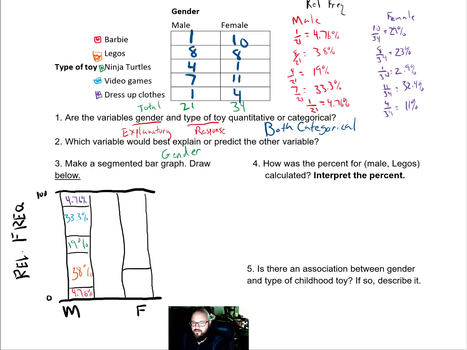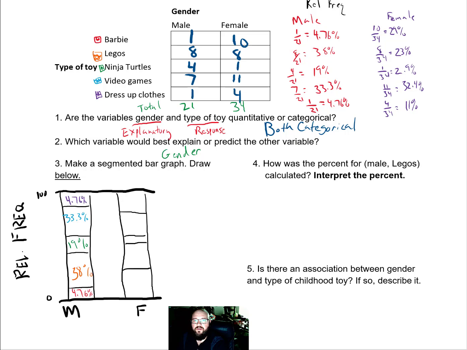And then we went 23%, I'll say somewhere around in here for Legos. And then 2.9% for Ninja Turtles, so I'll make a little bitty bar right there. And then we had 32.4, and then 11 up there up top.